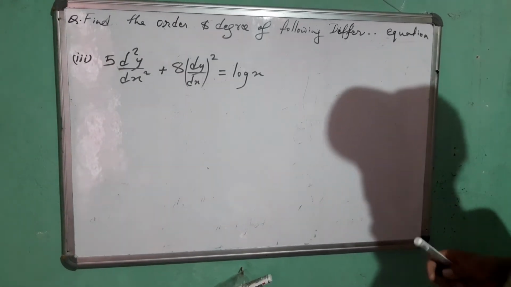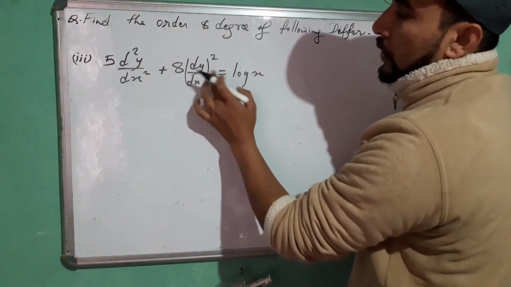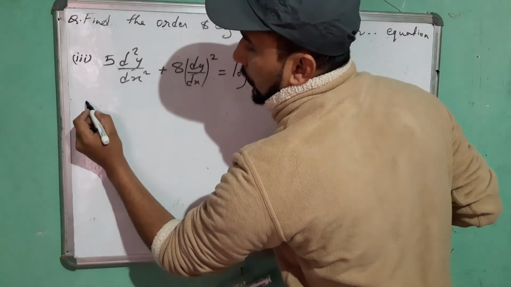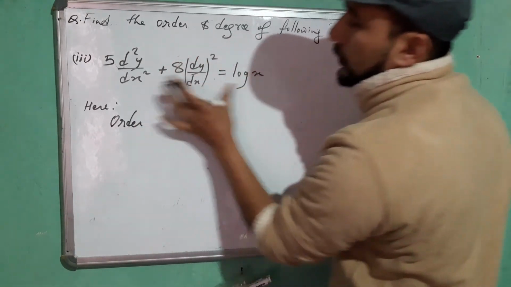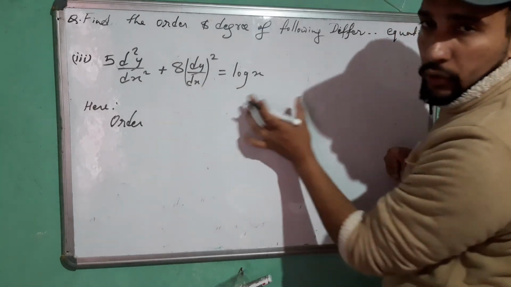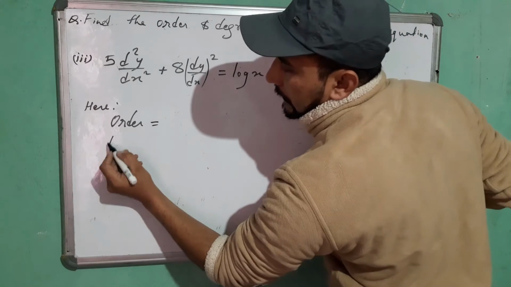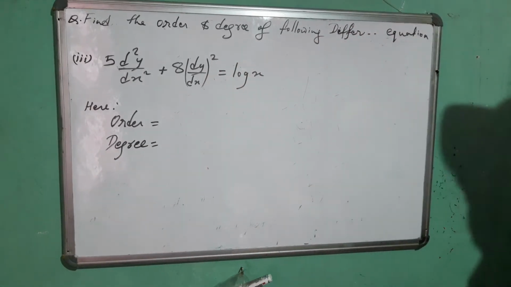Okay, next question is 5 d2y dx square plus 8 dy dx whole square equals to log x. So order, here you need not to simplify. Okay, there is nothing to simplify, you have a standard equation. So order and degree, D-E-G-R-E-E, order means highest derivative present in the equation.